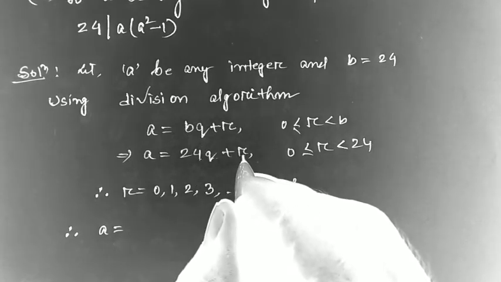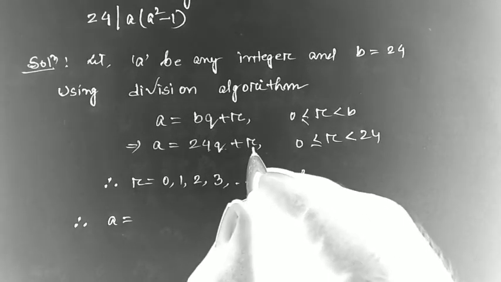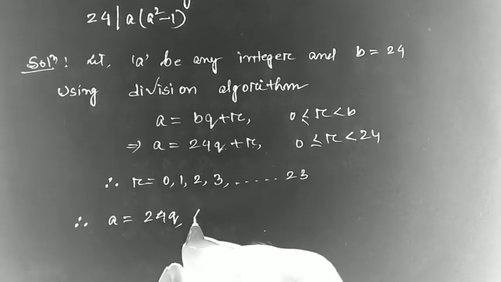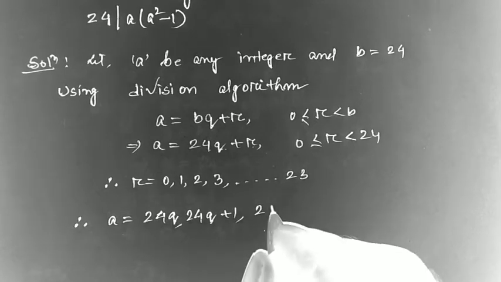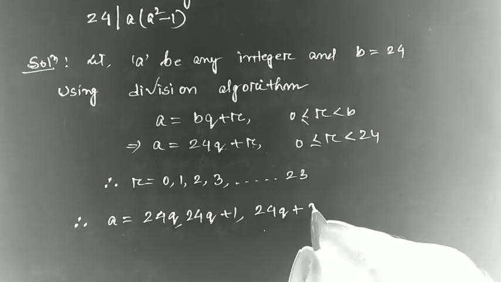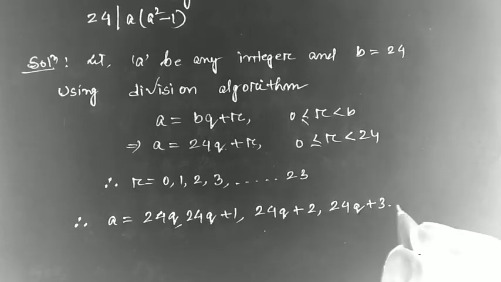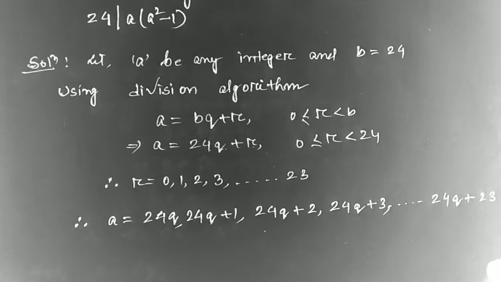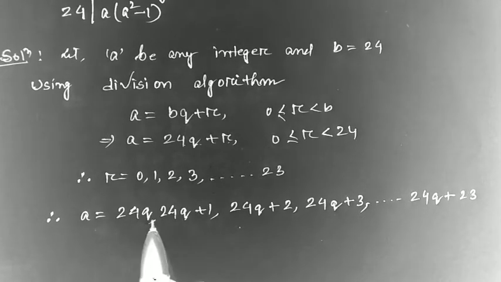If we put 1, 24q plus 1, 24q plus 2, 24q plus 3. In this way we will get up to 24q plus 23. Now as we need odd integers, so we have to consider this time odd.